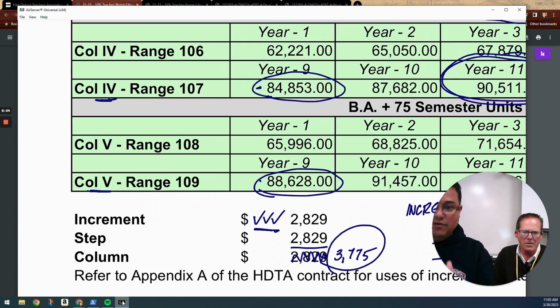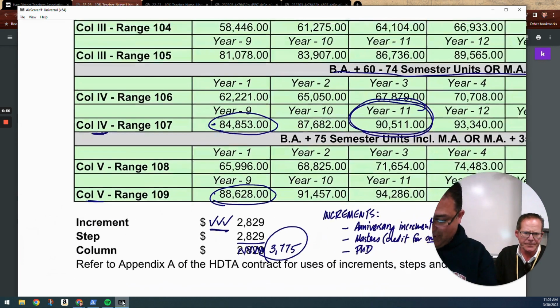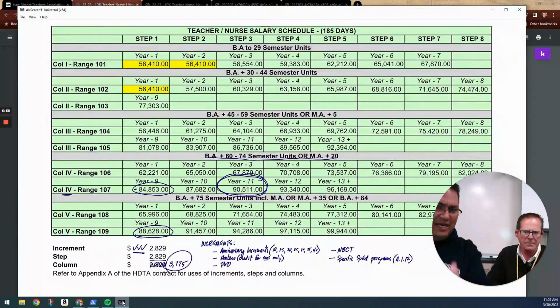All right. So John, we've talked about steps and columns. We've talked about increments. Is there anything else we're going to talk about for this video? At this point, no. We want to simplify this down to people and enable you to calculate what you should be making. Your check stubs will come shortly.